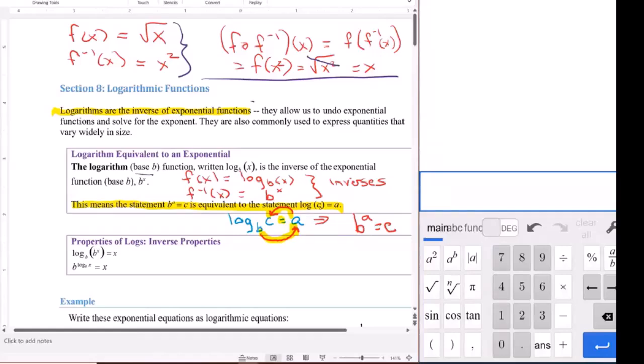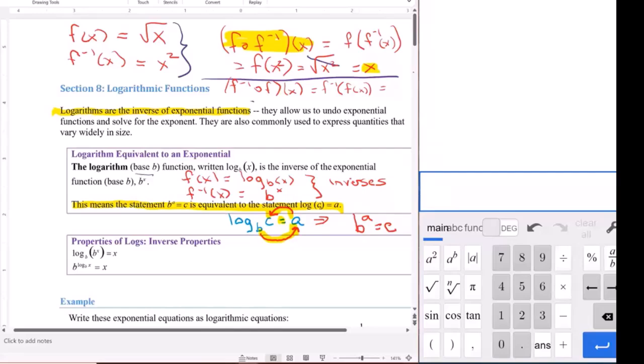So just like I said before, they're inverse functions. Remember at the top, when I took the composition of the inverse function, I ended up with x. If I do it the other way, I'll also end up with x. What I mean is f inverse of f of x.